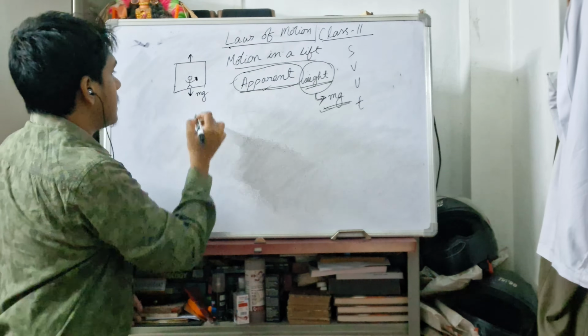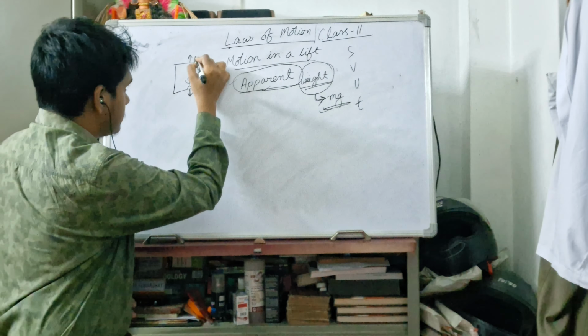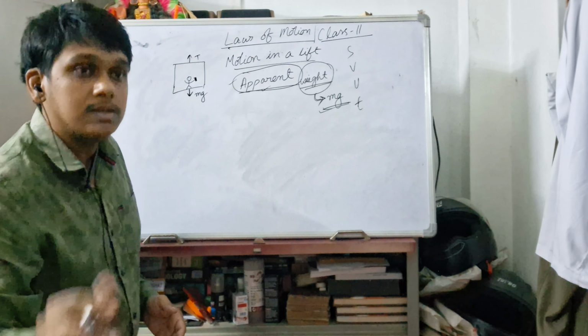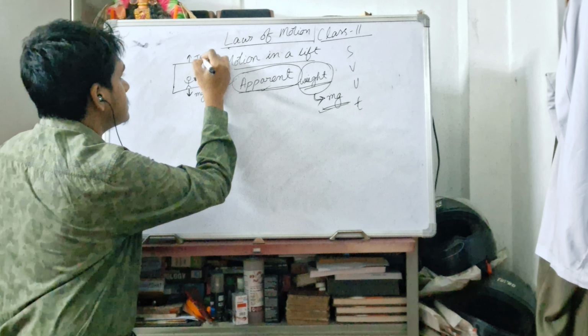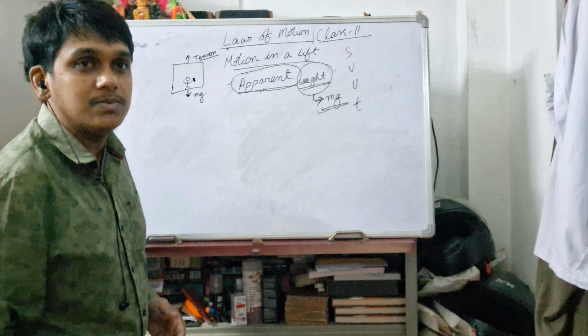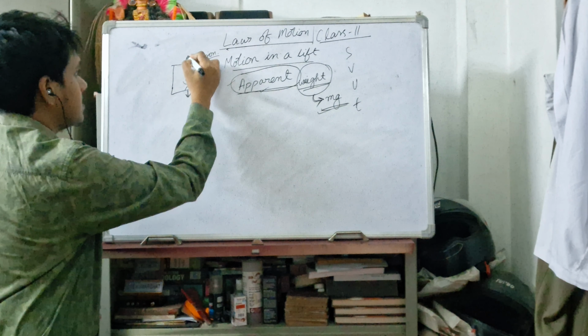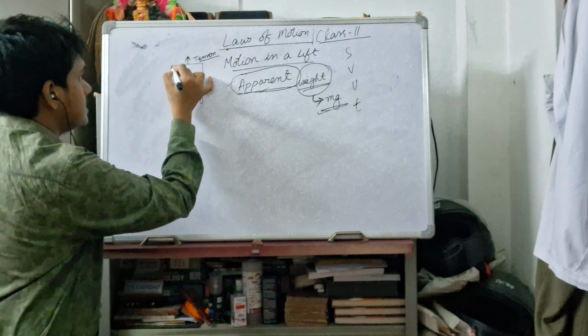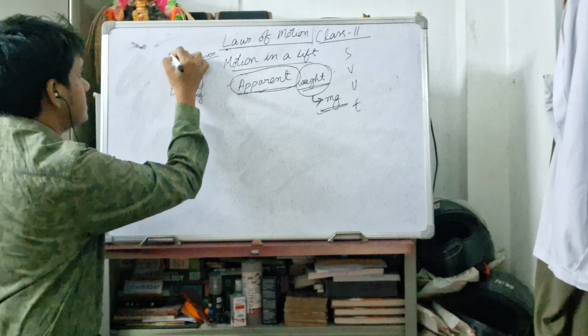that is T. Sir, I have only felt mg, never T. Because T, that is the tension, is not felt by you. It is felt by the wire or cable attached to the lift.